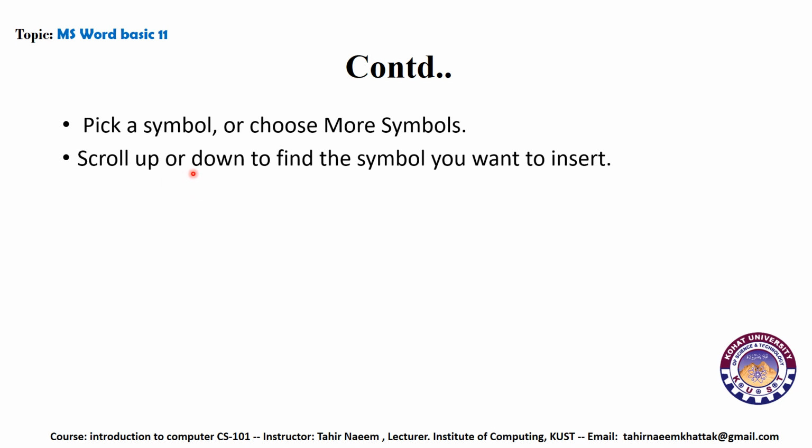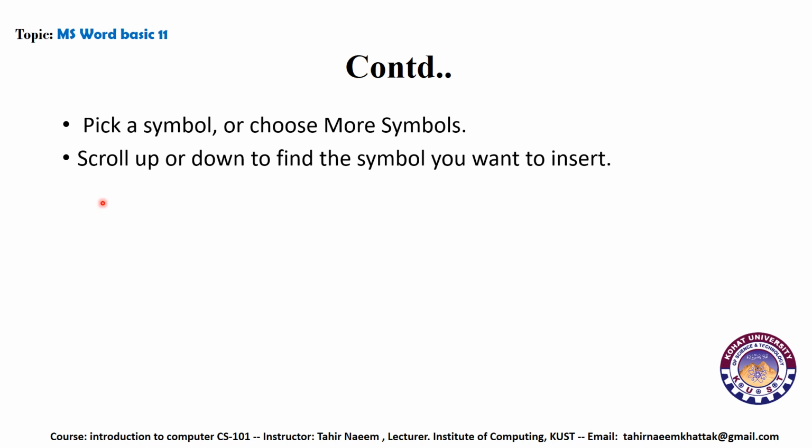Here we scroll up or down to find the symbol we want to insert. We click on Symbol, then click on More Symbols, and we can scroll up and down because there are a lot of symbols available in the library, and we can choose according to our requirement.